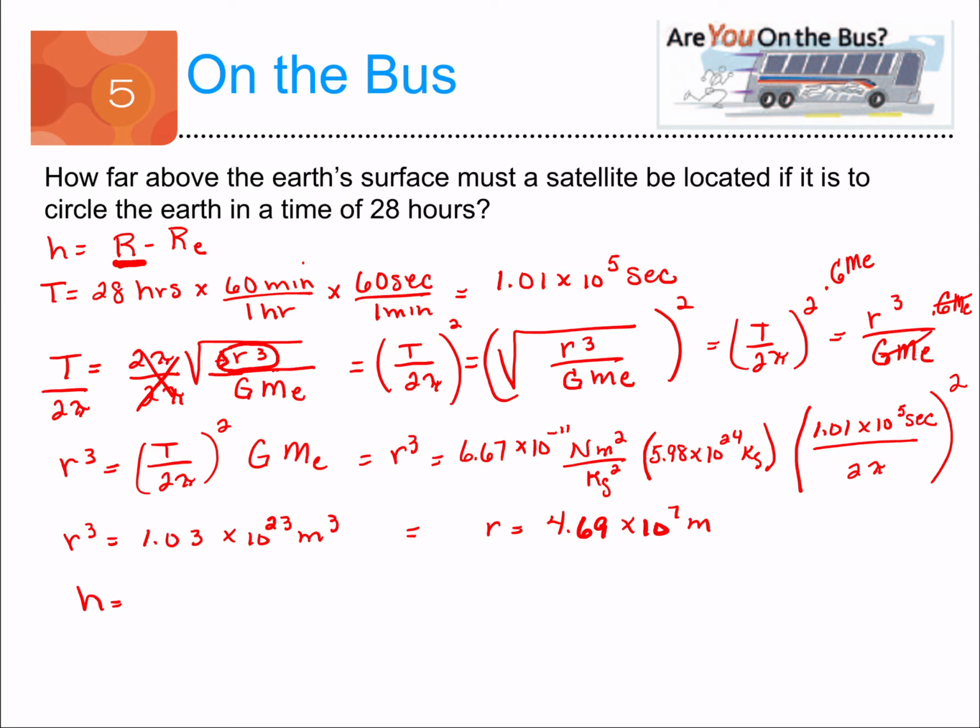So h is going to be r, which is 4.69 times 10 to the 7 meters, minus the radius of the Earth, which is 6.57 times 10 to the 6 meters, and that's going to give us h to equal 4.03 times 10 to the 7 meters.